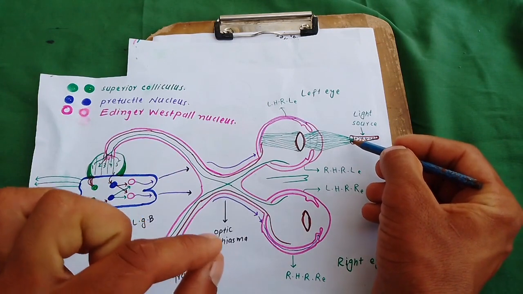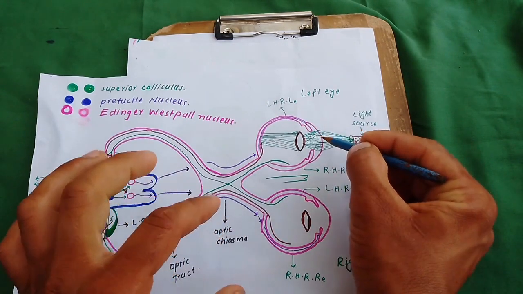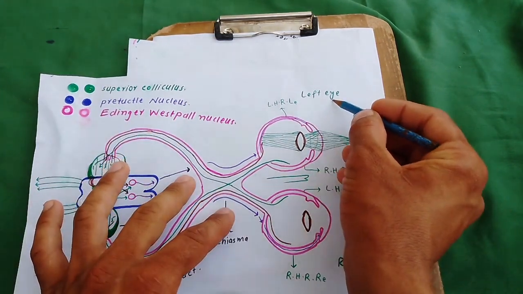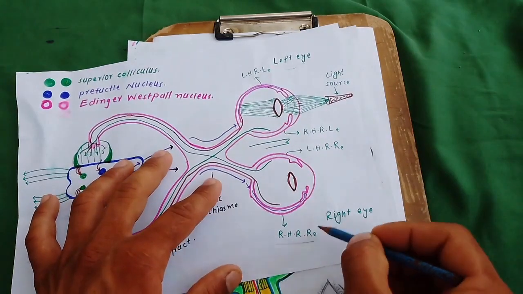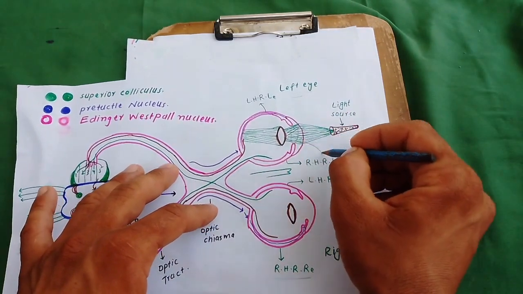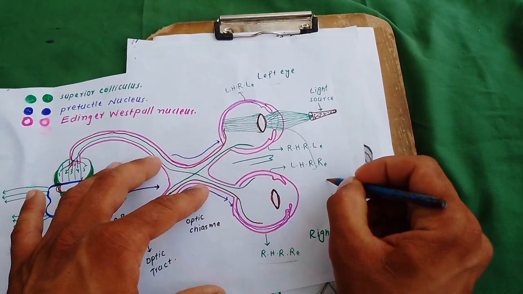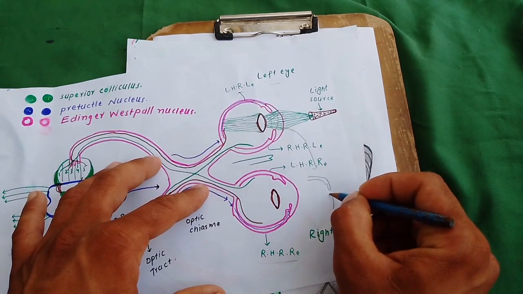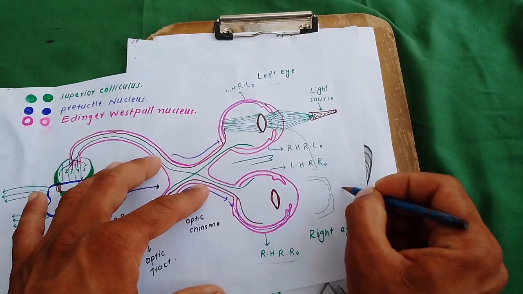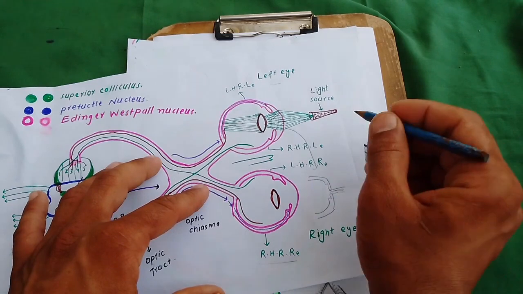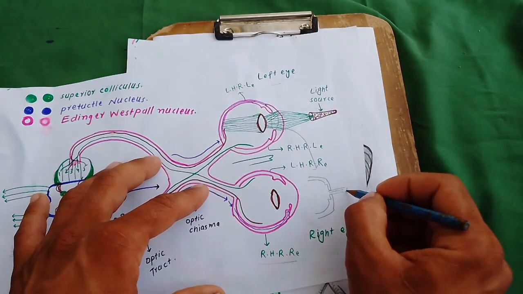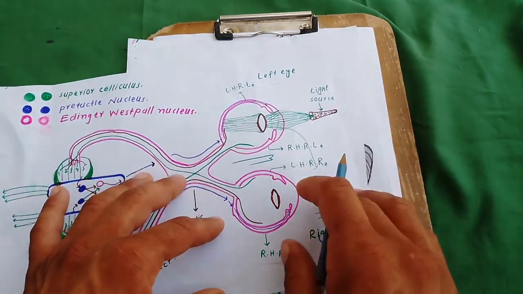When I shine a very strong light on this left eye, this is my right eye, then in response the size of the pupil becomes very small, just like this, during the light falling.